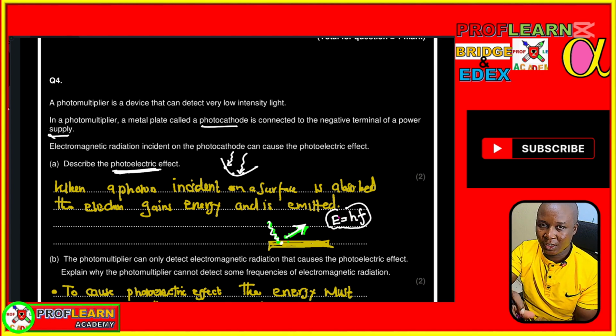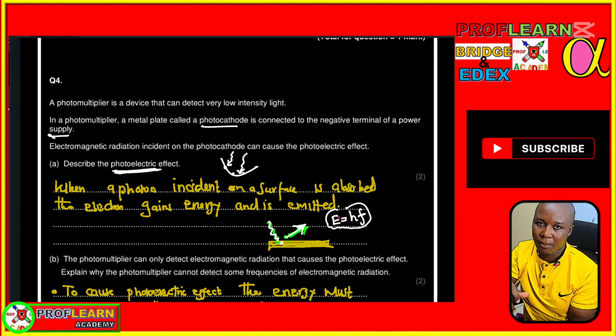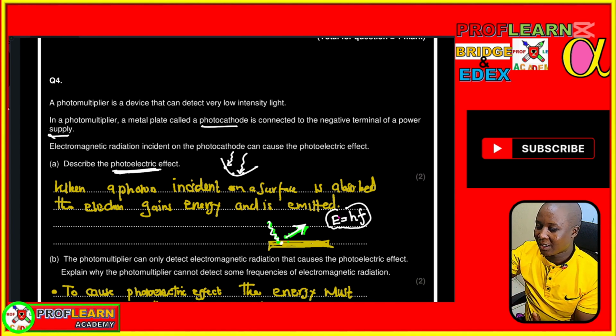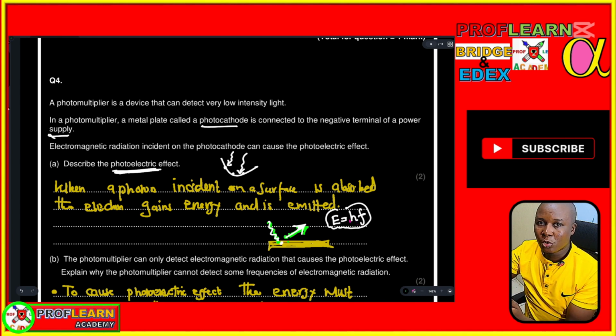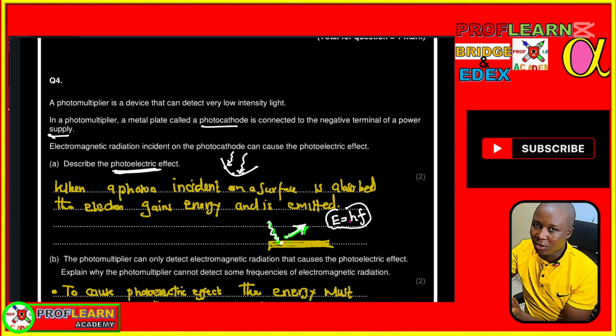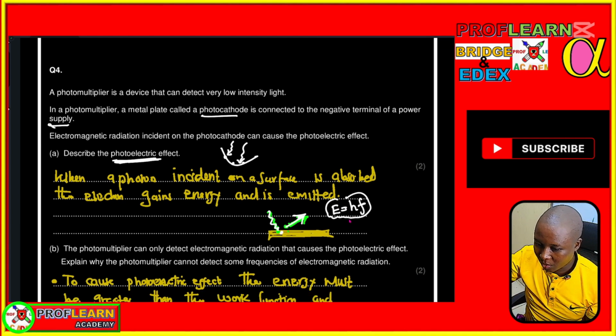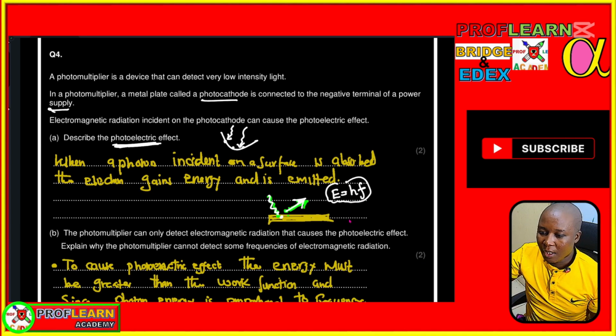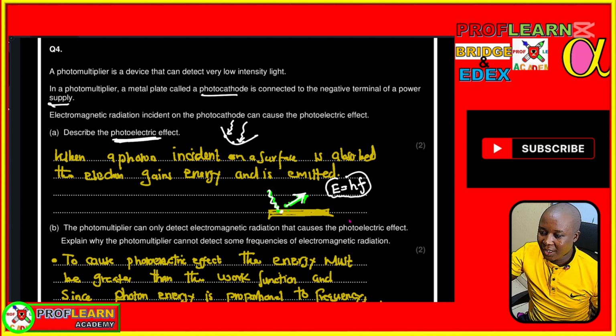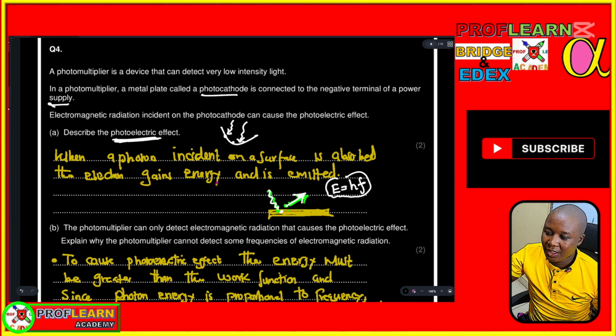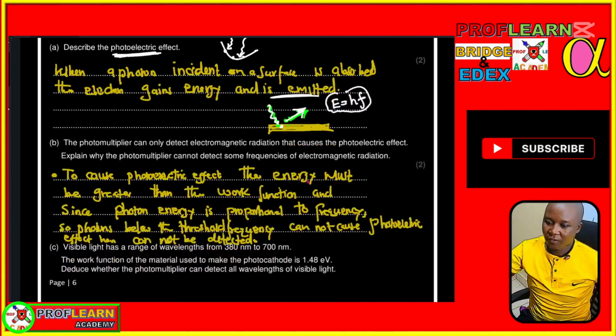That amount of energy used to dislodge an electron from a metal surface is called the work function. The energy that remains after dislodging is used as kinetic energy for the electron to accelerate away from the metal surface. So we can say when a photon is incident on a surface and is absorbed, the electron gains energy and is emitted from the metal surface.